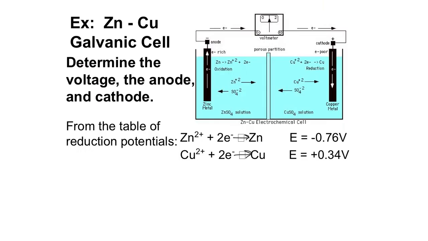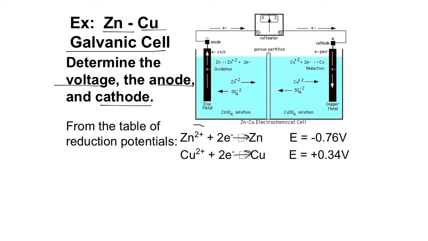All right, now this is the same example that we did a few minutes ago, but we're going to pretend like we don't know which one's going to be oxidized and which one's going to be reduced. So they just told us that we had zinc, we had copper. It's a galvanic cell. That means voltaic cell, so therefore it's spontaneous. So we know we're going to have a positive overall voltage. So determine the voltage, the anode, and the cathode.